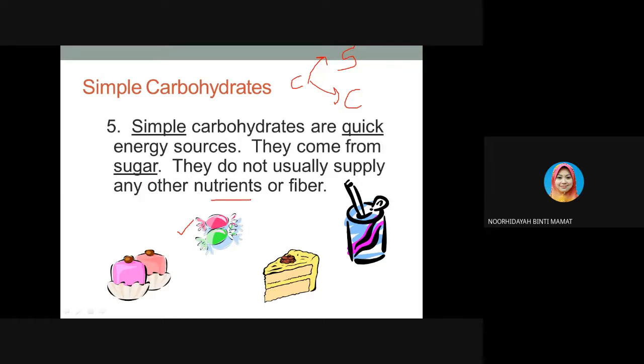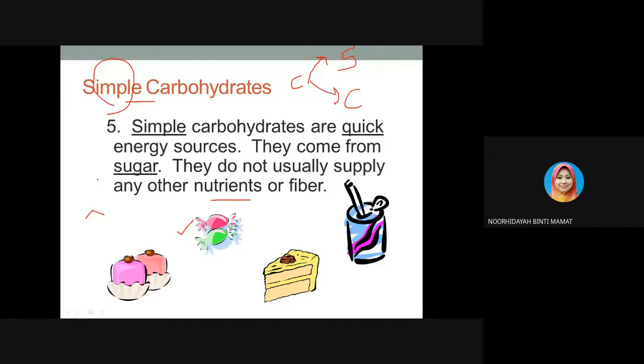So simple carbohydrates are made up of shorter chains of molecules. Just now we talked about carbohydrates being organic molecules. So the simple carbohydrate is made up of shorter chains of molecules, and they can be easily digested by our body systems.